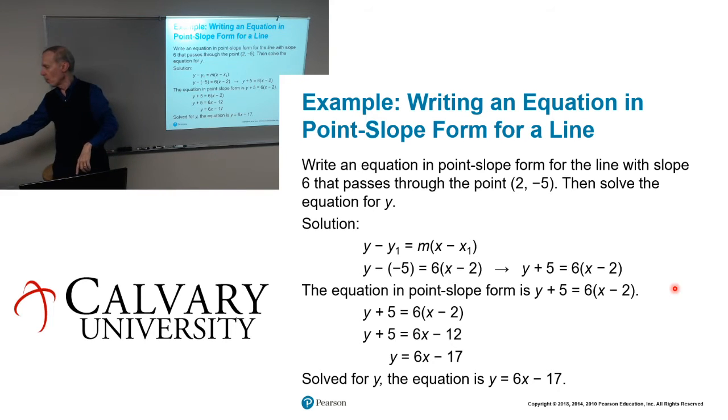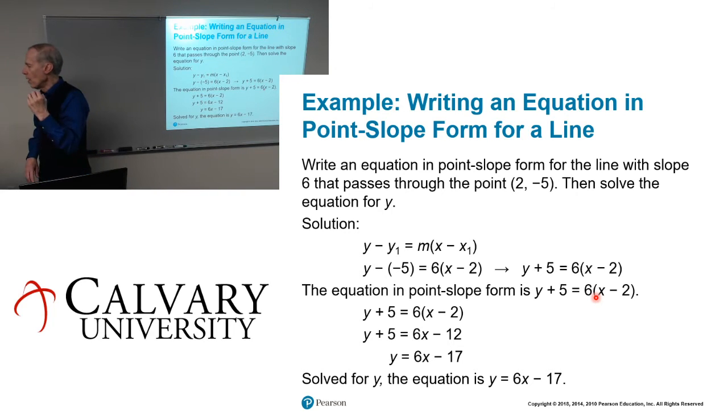Now, even though that is the point slope form, I went ahead and expanded this out, distributed 6 times x minus 2, and took the 5 over to the other side, because in just a few moments we'll notice that this is a different form of the equation that has a different name, but also is relevant to working with lines.